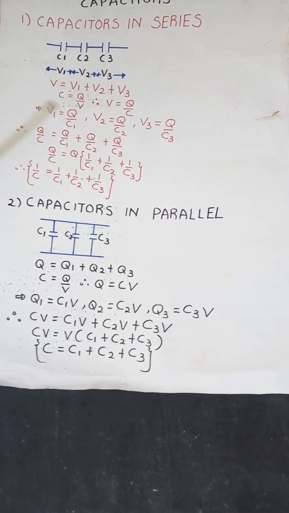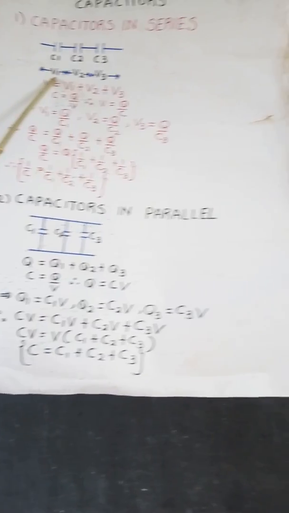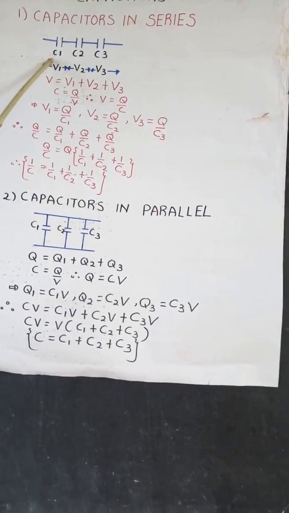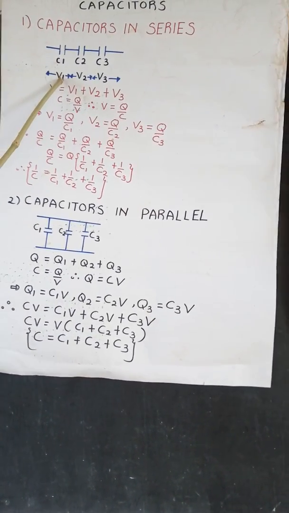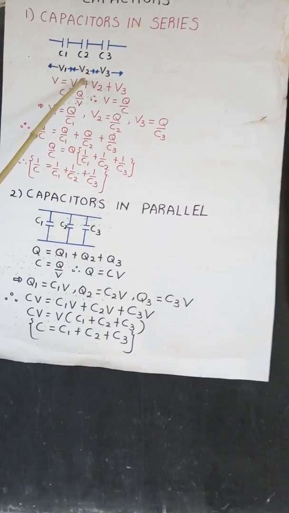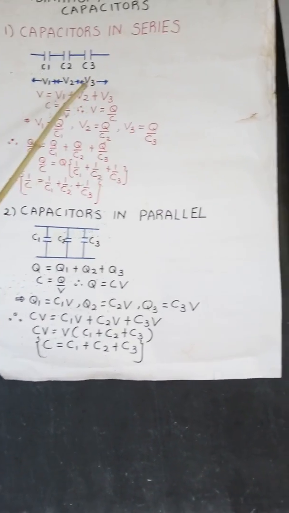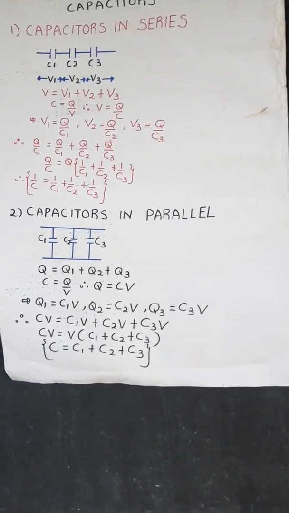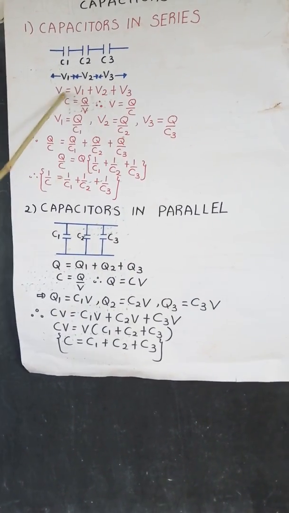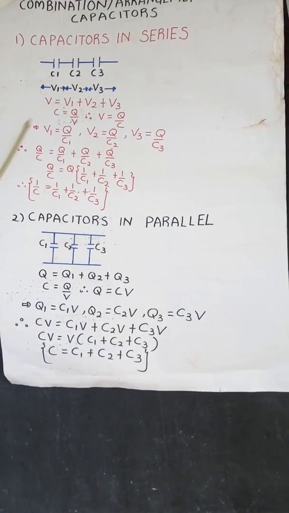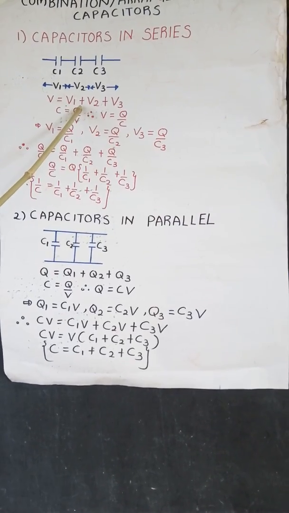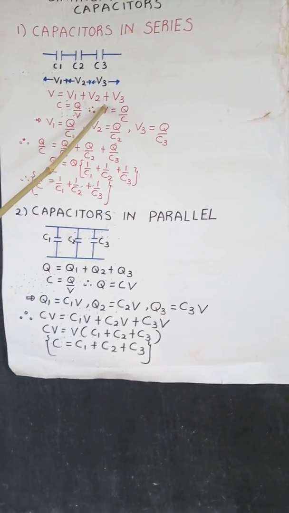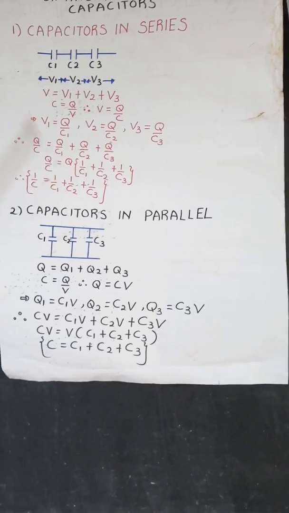But there is going to be a drop of potential difference in each capacitor. This is the potential drop in capacitor 1, this is the potential drop in capacitor 2, and this is the potential drop in capacitor 3. The total potential difference is equal to the potential drop in capacitor 1 plus the potential drop in capacitor 2 plus the potential drop in capacitor 3.